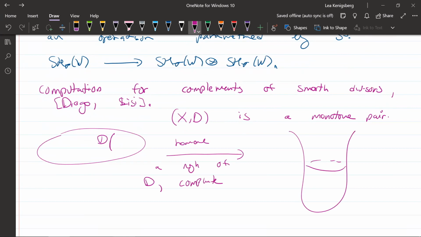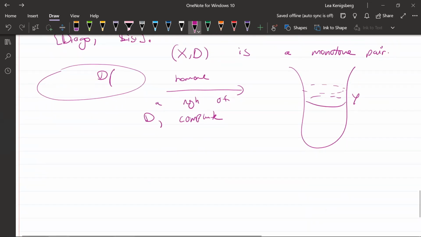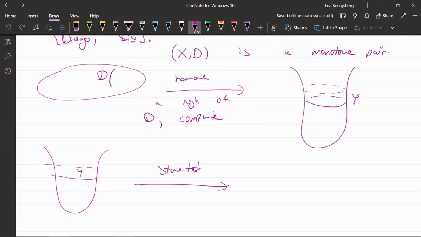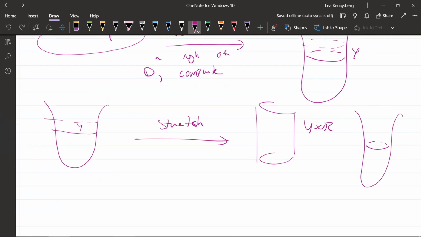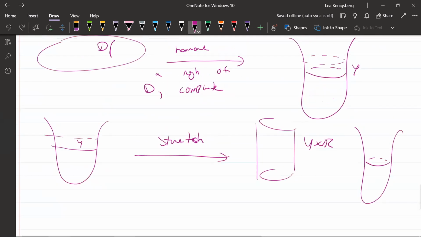The contact boundary Y admits a Reeb flow, which generates an S^1 action. Next you take this contact boundary, you have this neck, and then you stretch, and you get something that looks like Y cross R, and your original manifold W. So maybe I'll call this W.